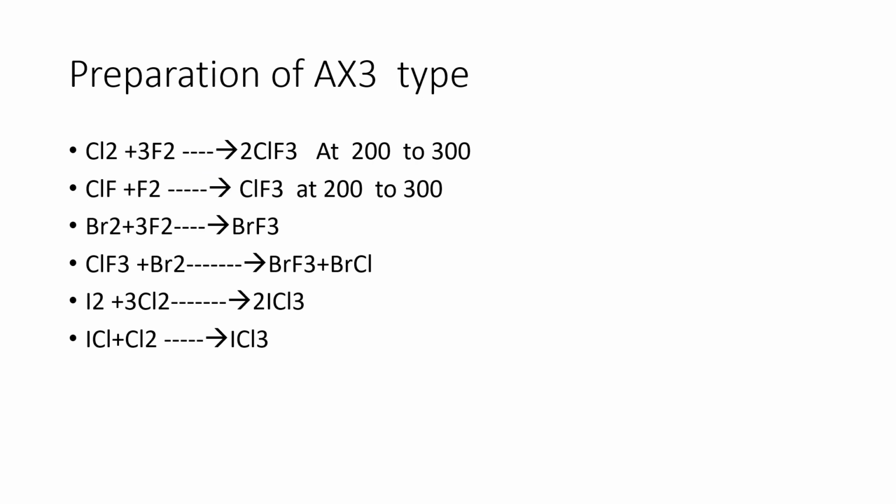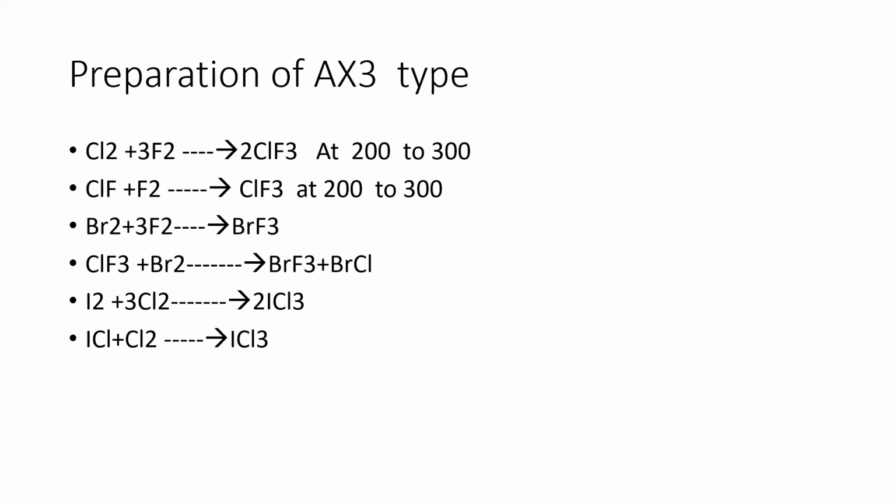Preparation of AX3 type interhalogens. When chlorine is treated with fluorine, you get chlorine trifluoride at 200 to 300 degrees centigrade. In another method, chlorine monofluoride is treated with fluorine, and the product is ClF3 at 200 to 300 degrees centigrade.